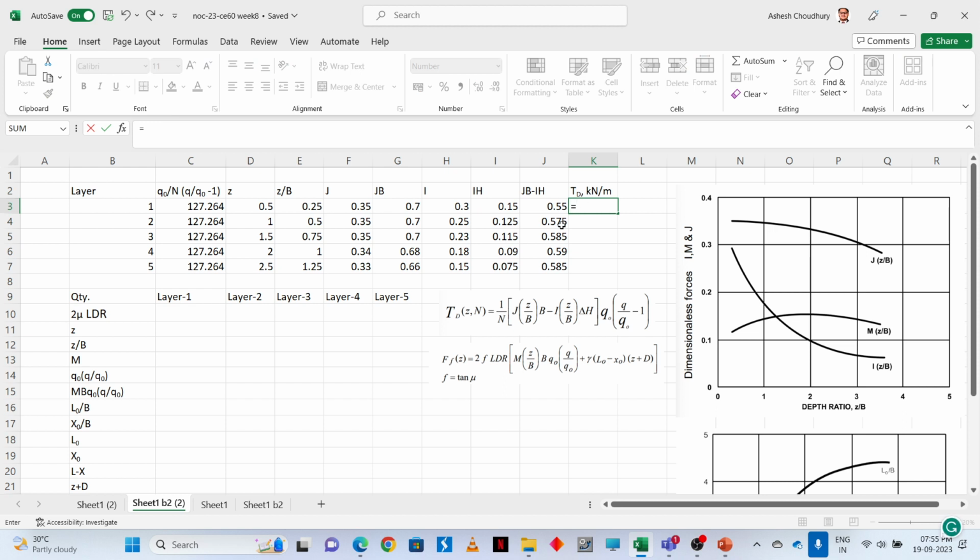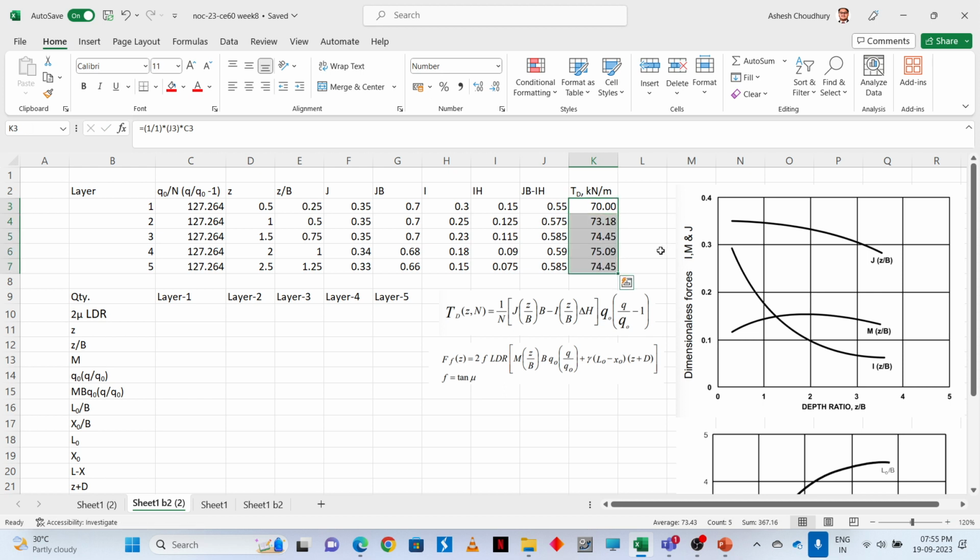Next TD is 1 by 1 times this times this. Okay, so we got the load coming on each reinforcement.